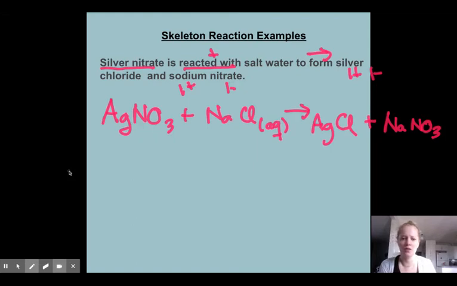Okay, the last thing we need to do is check our states. So silver nitrate is reacted with salt water. It does not say in solution. Usually it does when you get your reactants, but we're going to check. Silver nitrate, NO3, has high solubility, so this is aqueous. We already know that if it's with water, it's an aqueous state.